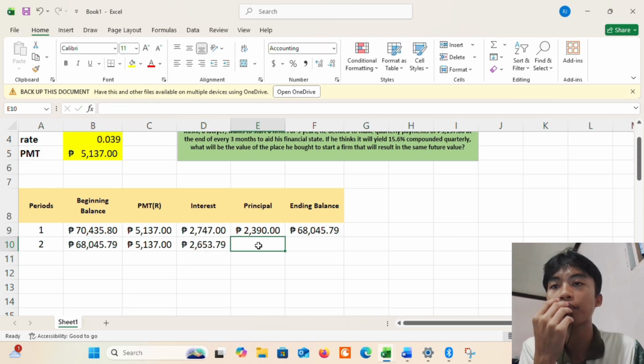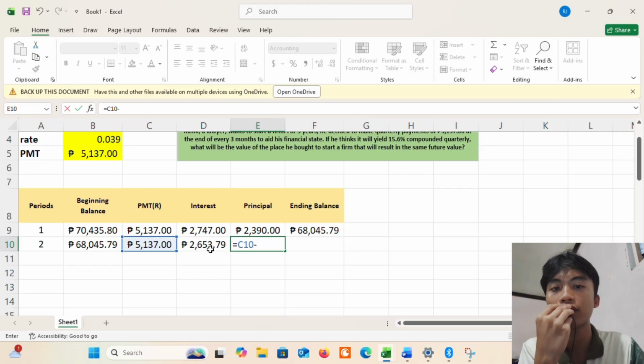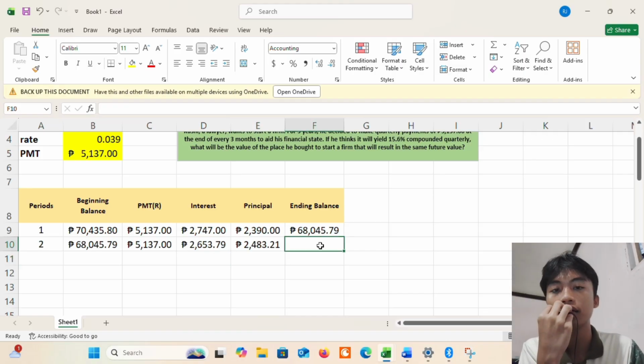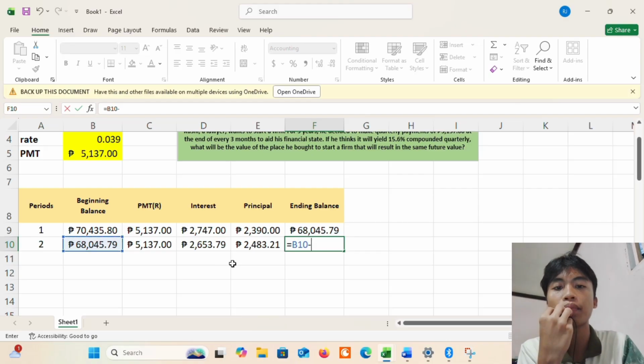So next, for the principal, we will be subtracting the new interest from the PMT, then enter. Next, for the ending balance, it equals the new beginning balance minus the new principal.